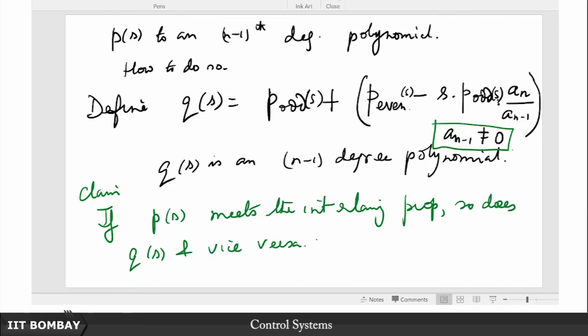So this is not just any arbitrary way of reducing the degree of the polynomial. In other words, we are actually achieving our goal.